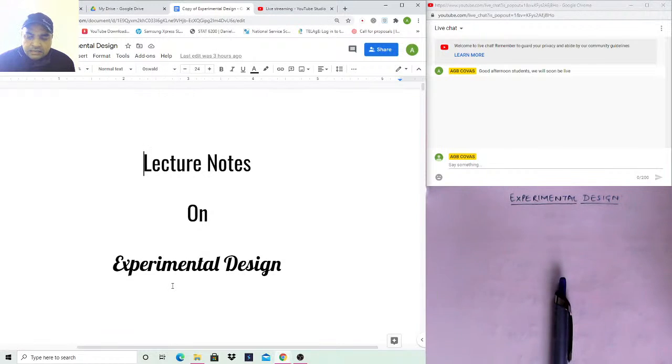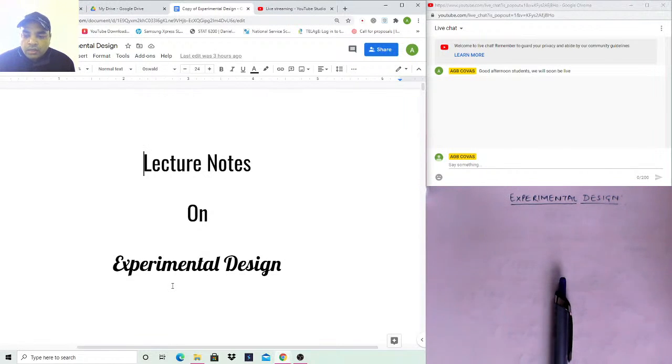Basically, experimental design is an important tool in the hands of the investigator by which he can design his experiments in such a way that he can find the true insights of the study.